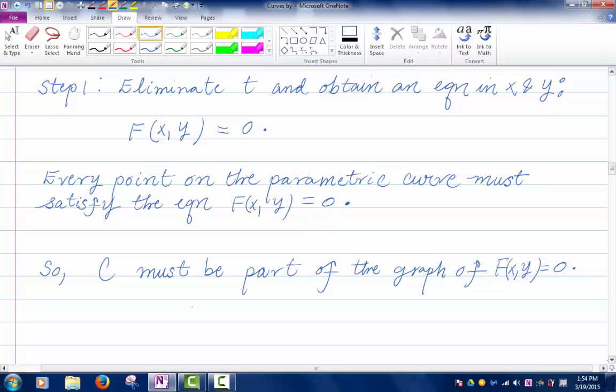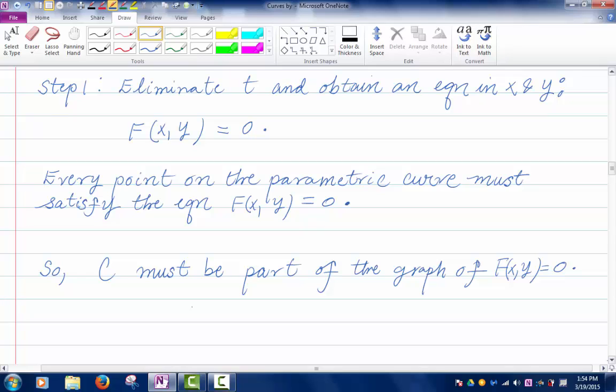So suppose that I eliminate t somehow, and I find that x and y, remember for each value of t you get a value of x and y, satisfy an equation. So this is some equation involving x and y. I'm assuming that somehow I got rid of t, and the component functions x and y satisfy an equation involving them.